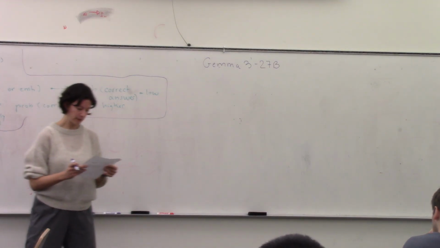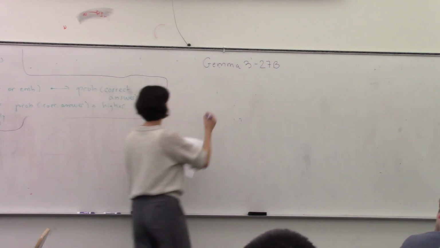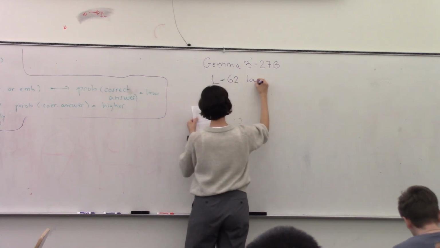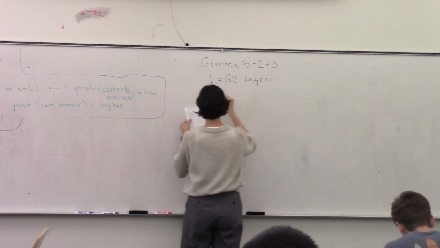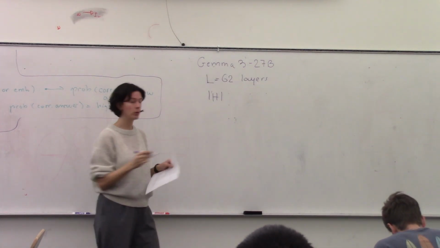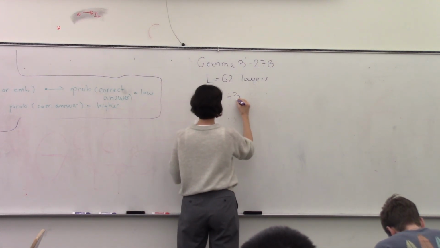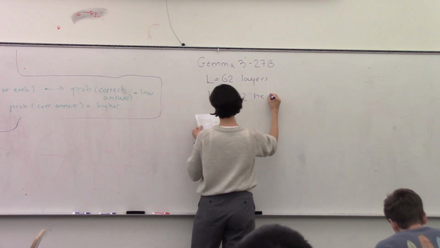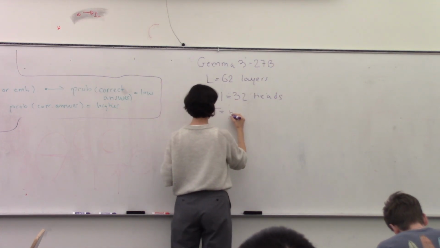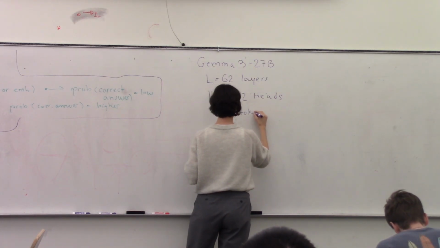So after a little bit of digging in Hugging Face, I found that Gemma has 62 layers. Every attention layer is going to have 32 heads. And let's say we have only 5 tokens. I didn't want to go crazy here.